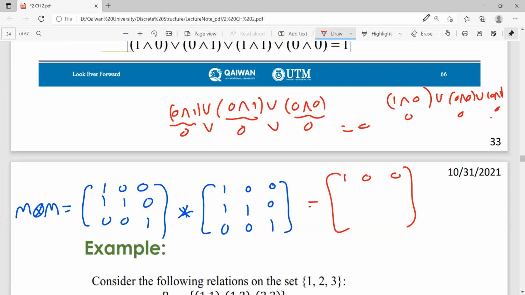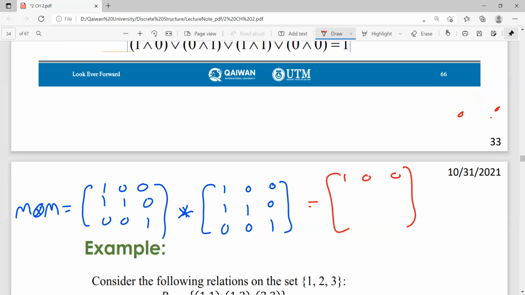We write down the second row, and then we multiply it by all columns of the second matrix. Look, this is the second row: 1, 1, and 0. We are going to multiply it by all columns, starting with the first column.